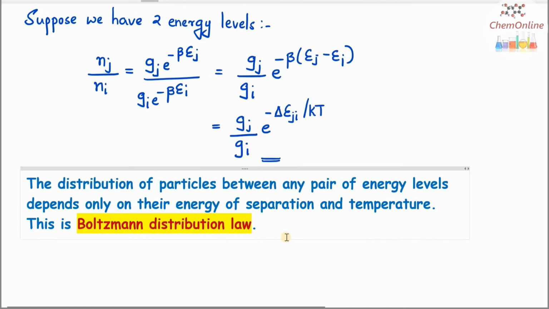And this is known as the Boltzmann distribution law. If the states are non-degenerate, then we will not have this term gj/gi. Then Nj/Ni will only be equal to e^(-Δε/kT). Okay. So this is the Boltzmann distribution law.